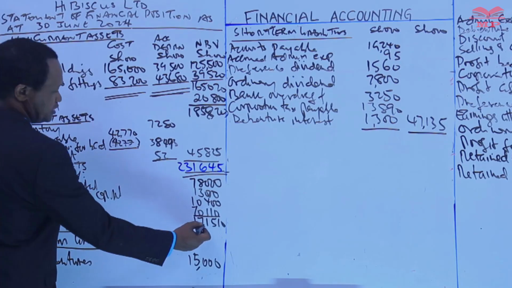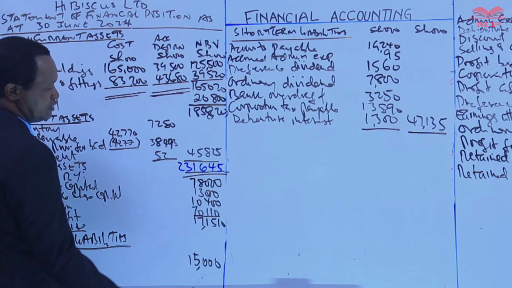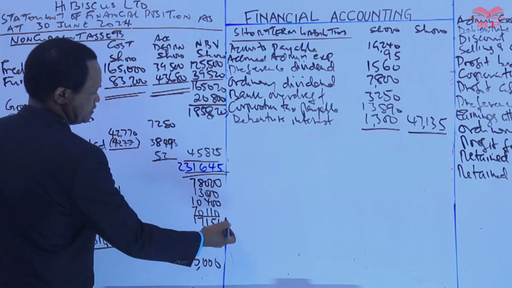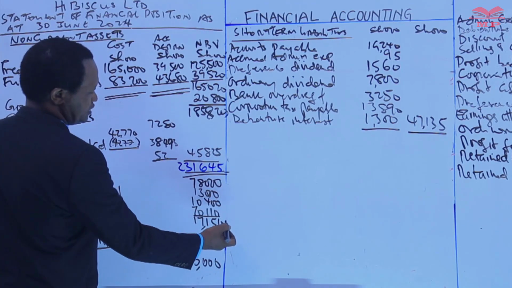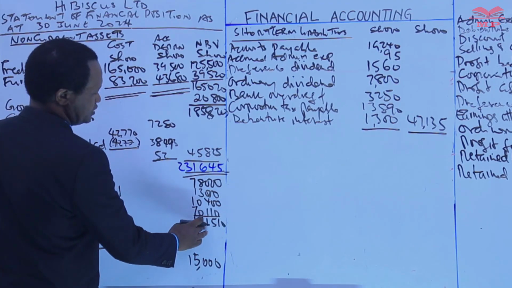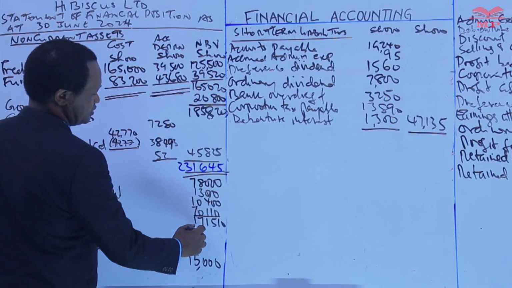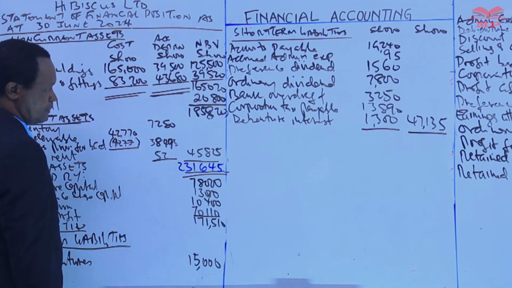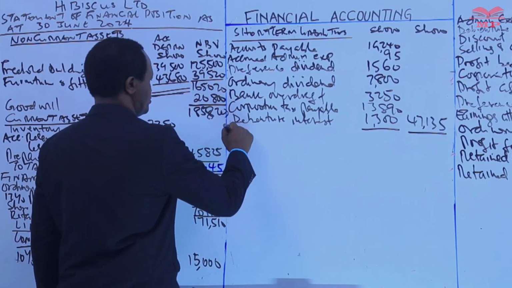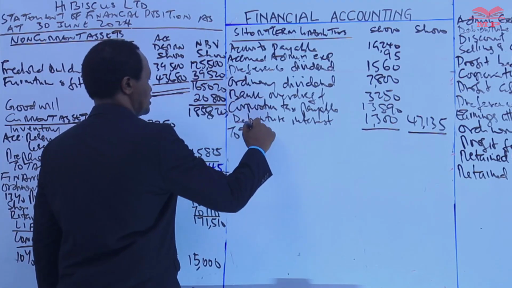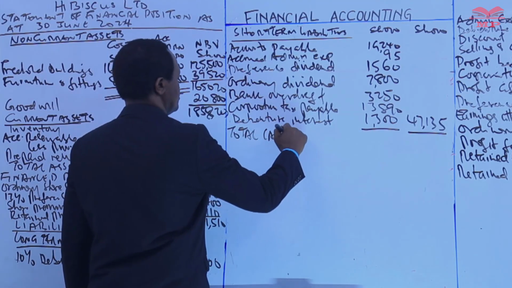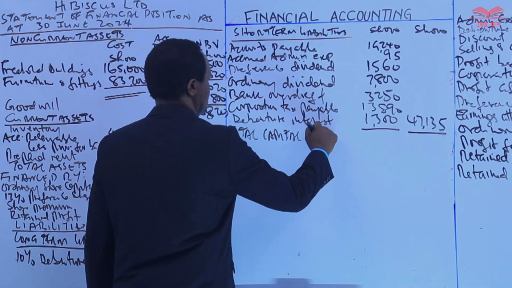Now to this 47,135, please add the long-term liabilities of 13 million. Then add shareholders' equity of 171,510. So this will be the total capital and liabilities.